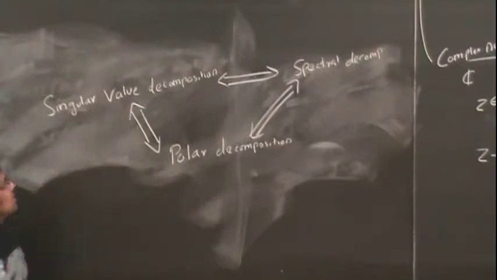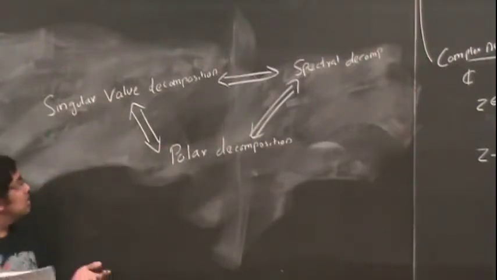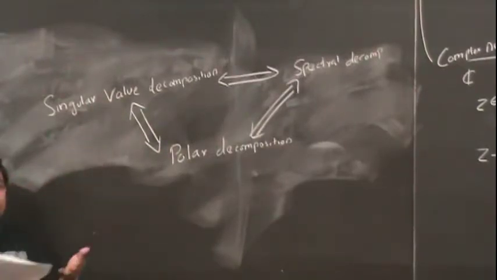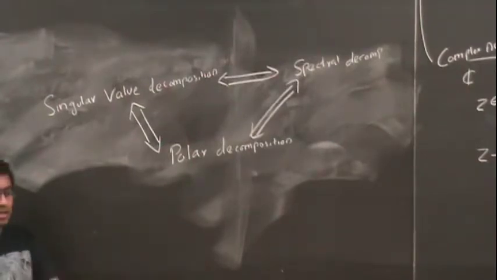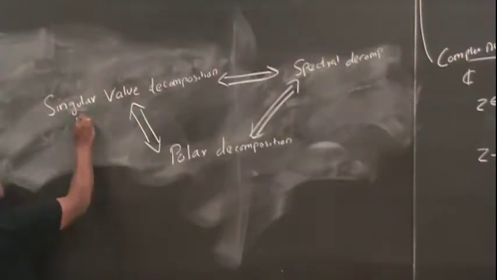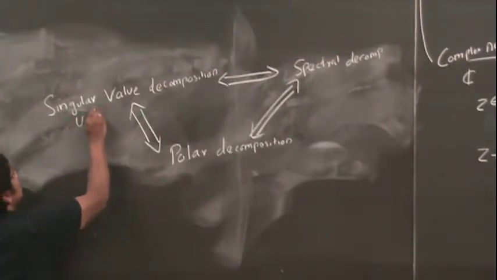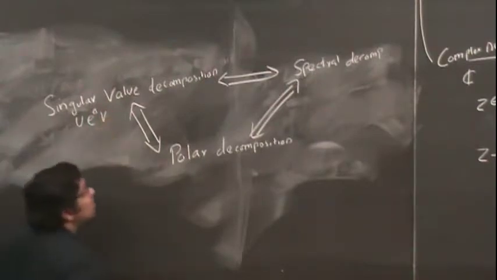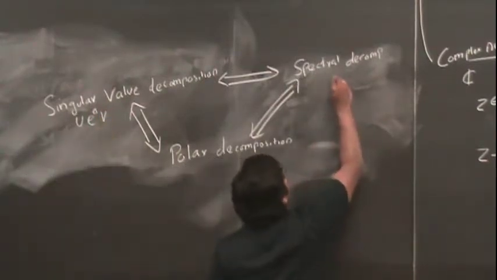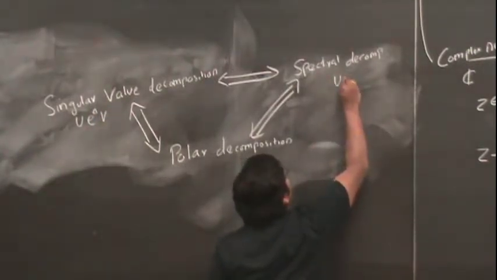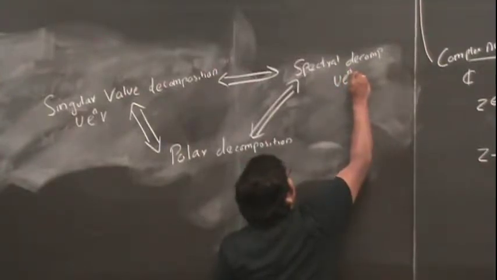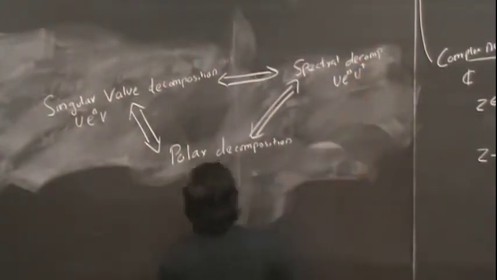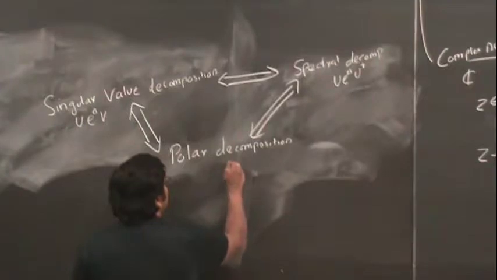The standard singular value decomposition writes a matrix in terms of unitaries and the diagonal entries. Spectral decomposition means that Hermitian matrices can be diagonalized by unitary matrices.